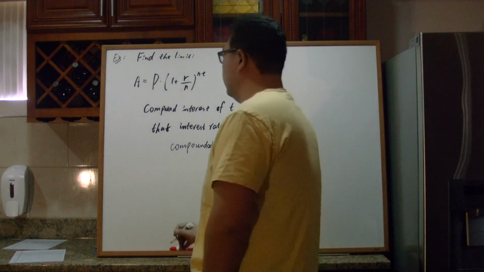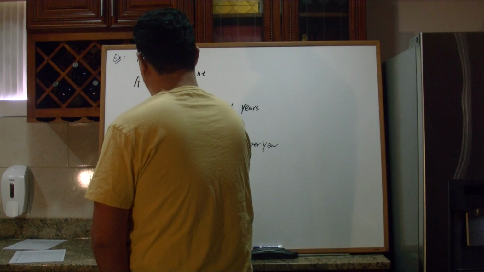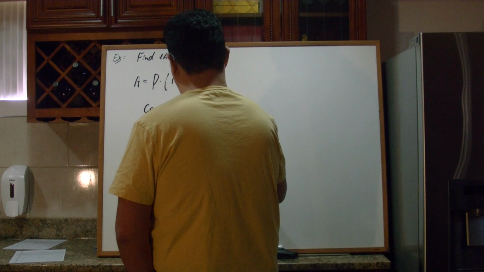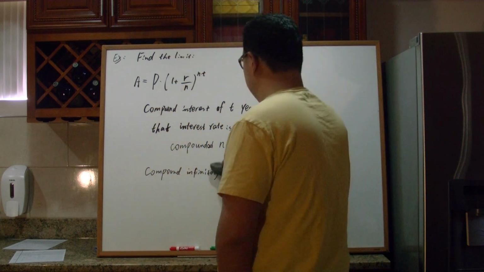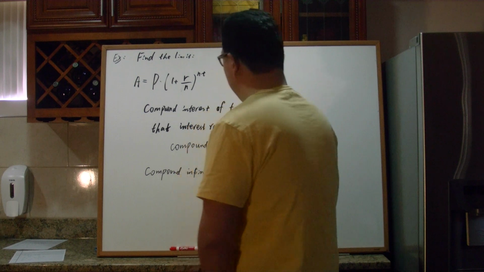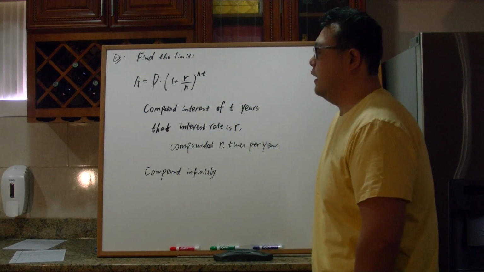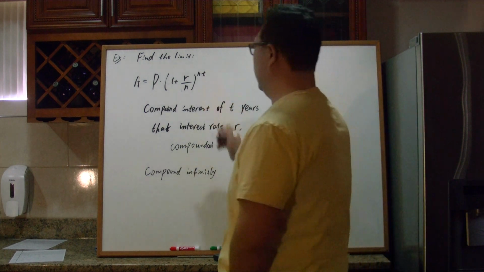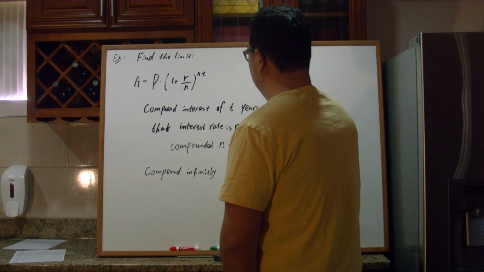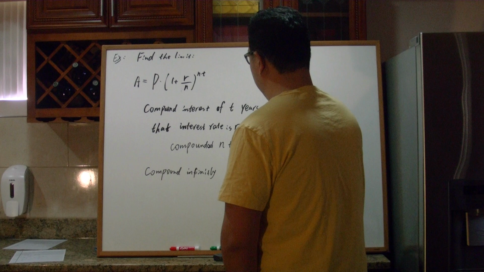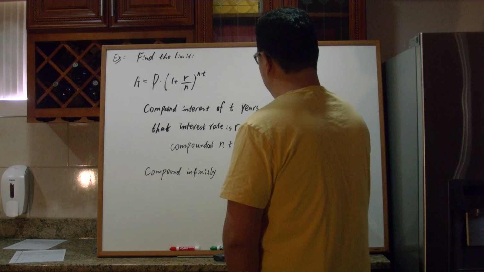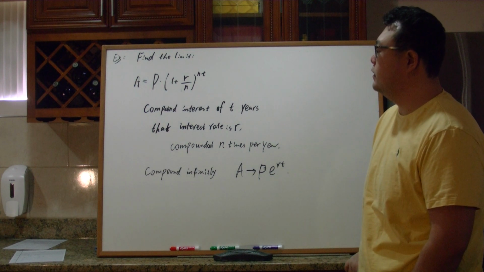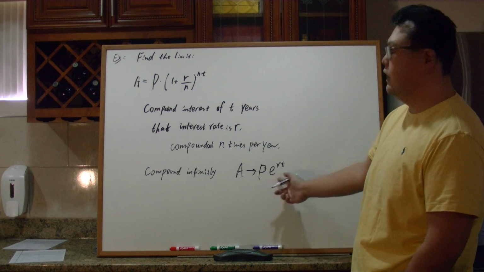And if we compound infinitely, which means not even every second, but every moment, right? It is a continuously compounded interest that we have, then our 1 plus r over n to the nt will yield e to the rt.